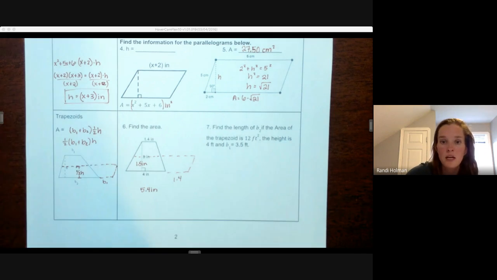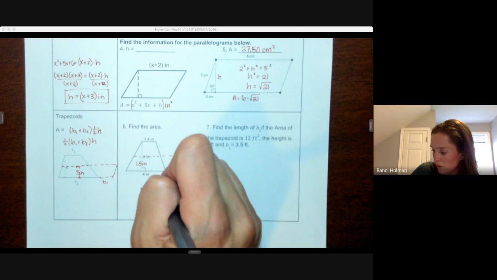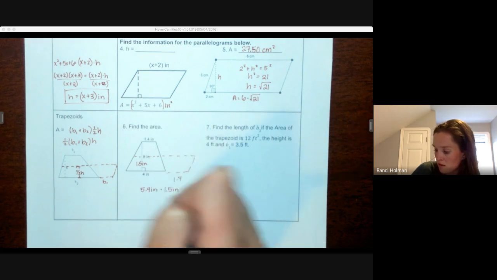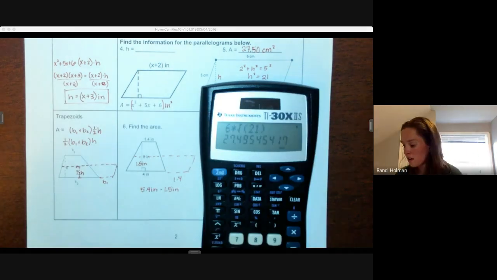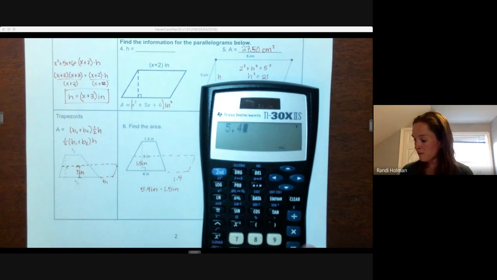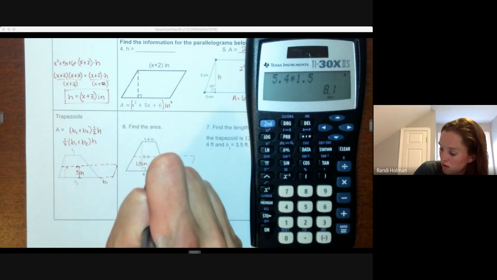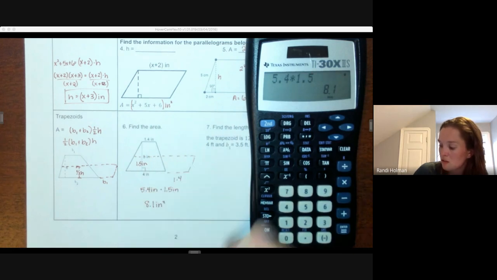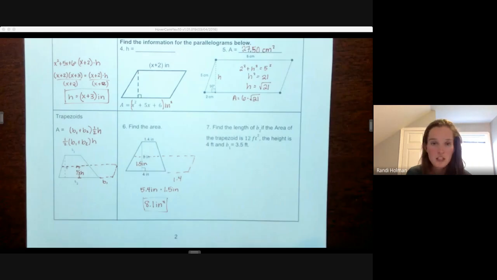And then that's our base times our height, which is 1.5. So 5.4 times 1.5, and we end up with 8.1 square inches.